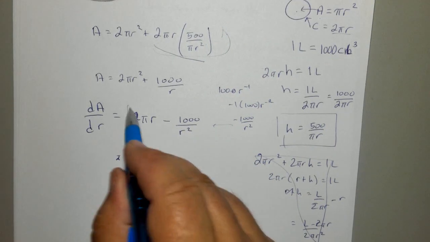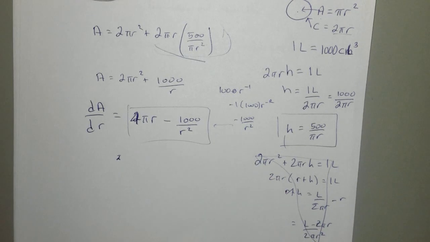What do we set this equal to? Actually, what is our domain? What are the bounds of our function?